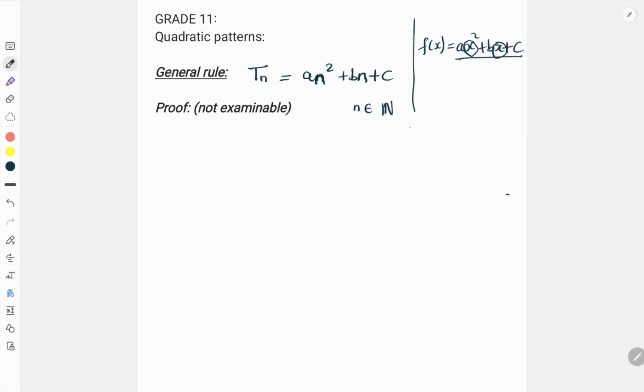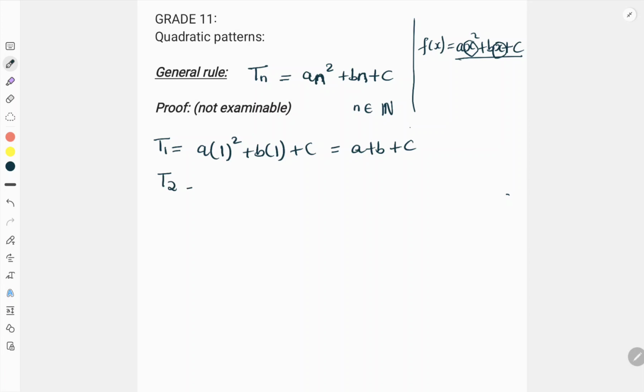So let me show you the quadratic pattern. Let's say T1 is equal to a, in replacement of n you put 1 squared plus b into 1 plus c. Then our first term in terms of a, b, c will be a plus b plus c.